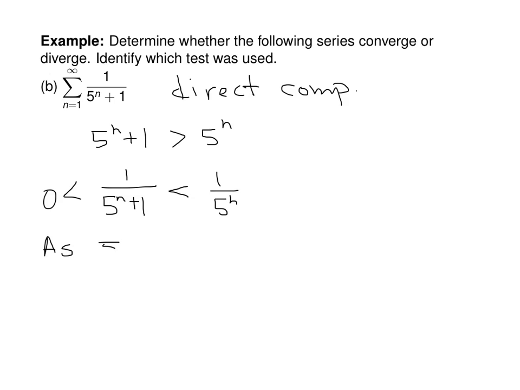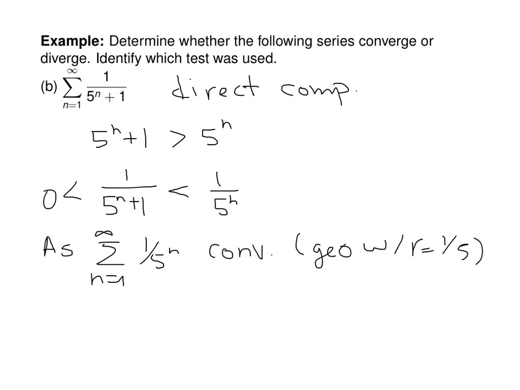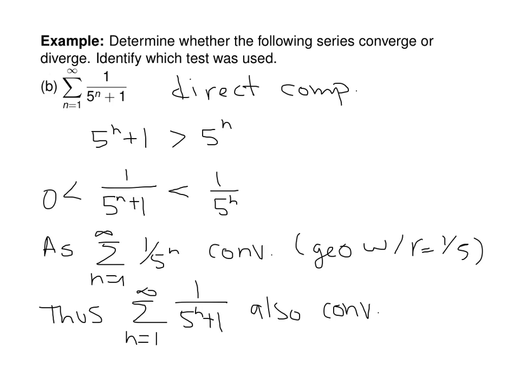And as the sum from n equals 1 to infinity of 1 over 5 to the n converges, because it's a geometric series with r equal to 1/5, and 1 over the quantity 5 to the n plus 1 is less than 1 over 5 to the n, the sum from n equals 1 to infinity of 1 over 5 to the n plus 1 also converges by direct comparison.